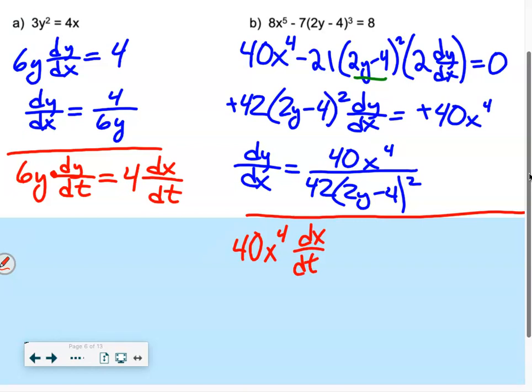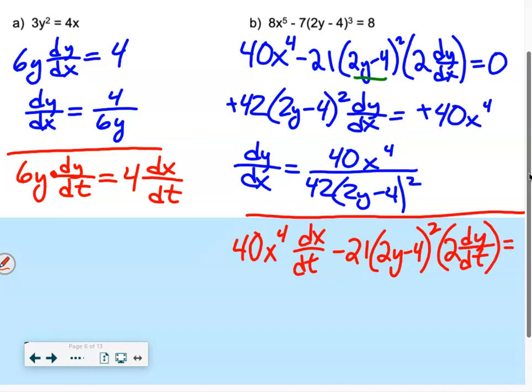The derivative of negative 7 times (2y minus 4) to the 3rd is negative 21. Guts stay the same, times (2y minus 4) to the 2nd. D guts, the derivative of 2y is 2 dy/dt. The letter you're differentiating over the letter you're differentiating with respect to. And then what does this all equal? 0. And then you can just stop.